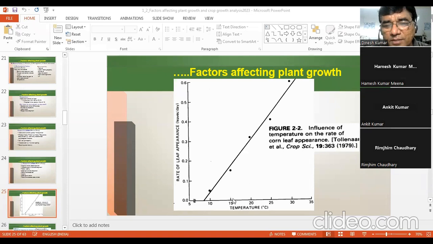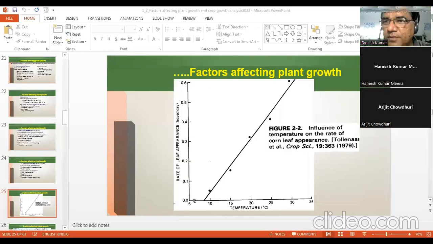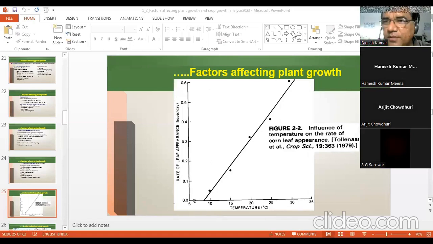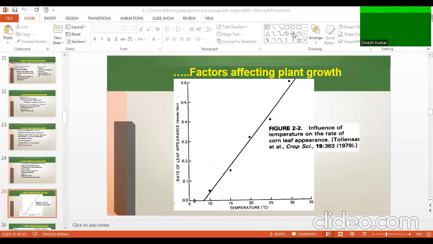You can see that on the x-axis temperature is increasing, up to say 32, 33 degrees centigrade, and it is the rate of leaf appearance, the production of leaves. Here you can see it is the production of dry matter. So you are seeing this picture, and on the x-axis you have temperature in degrees centigrade, and on the y-axis you have the rate of leaf appearance, number of leaves per day.